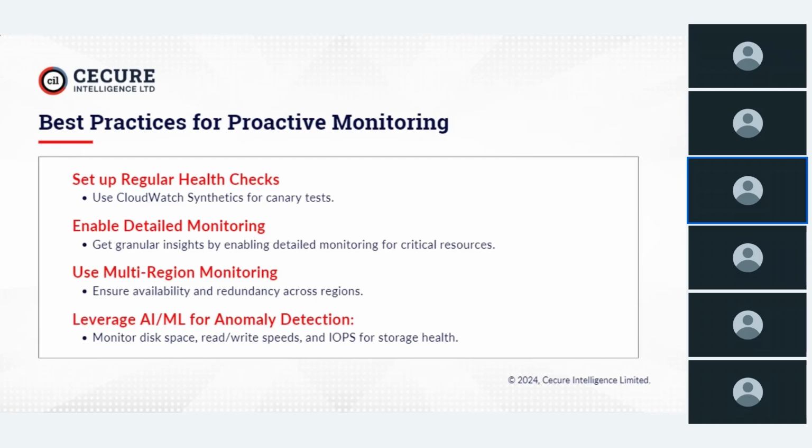So the first is that you want to set up health checks. What does a health check do? Let me paint a scenario of what is possible without a health check.